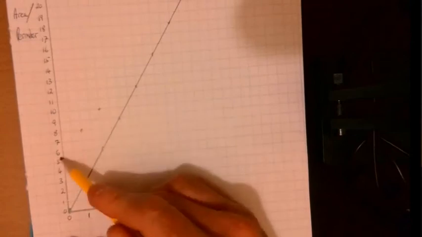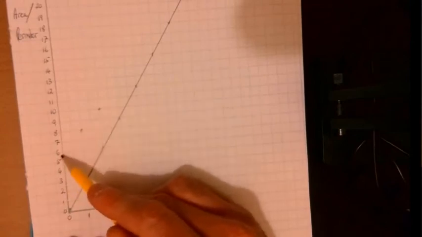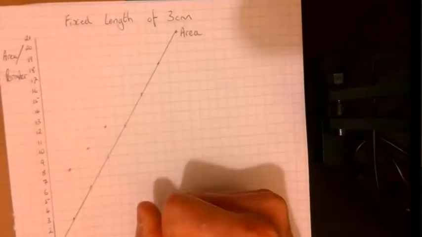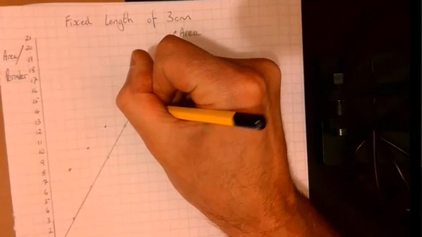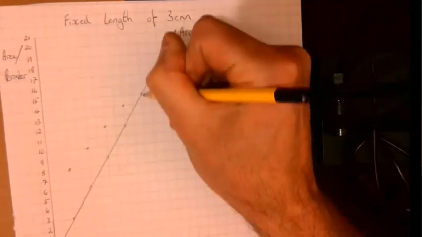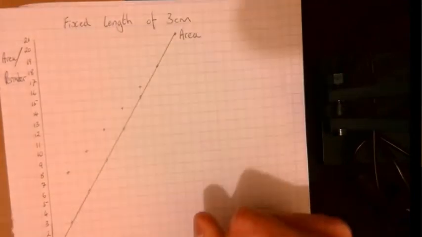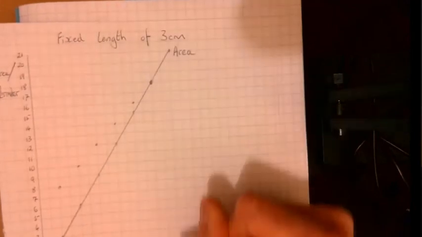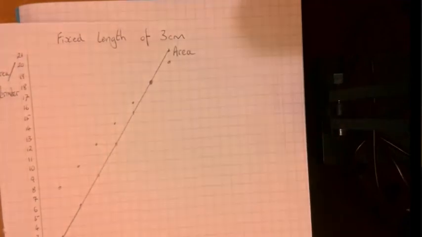So it's going up in 2s, isn't it? This time I'm not going to go all the way down here. You can have a little think about why I'm not going to come down there. So 3 went to 12, 4 went to 14, 5 went to 16. Look, it's getting closer to the line, isn't it? And then the last point.